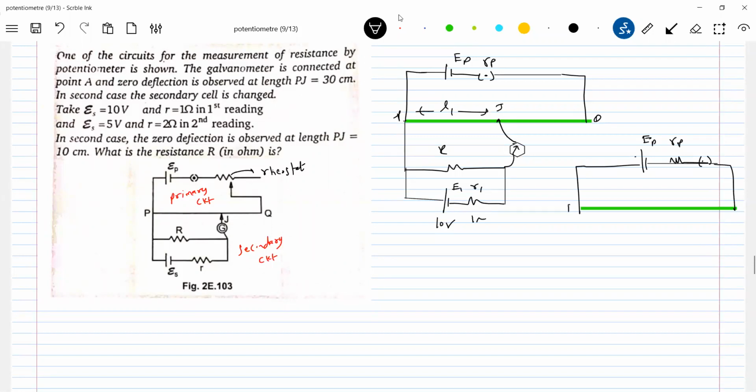EP, this is RP, this is A, this is Q. This is L2.